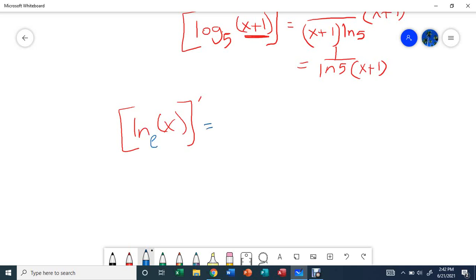So it's going to be 1 over x times natural log of e, which is just 1. So we end up with 1 over x. So the derivative of ln of x is just 1 over x.